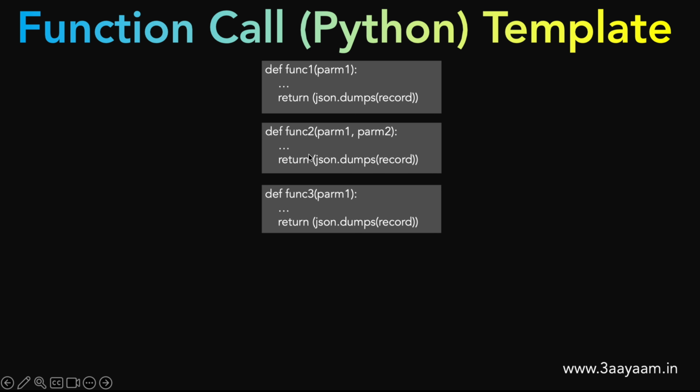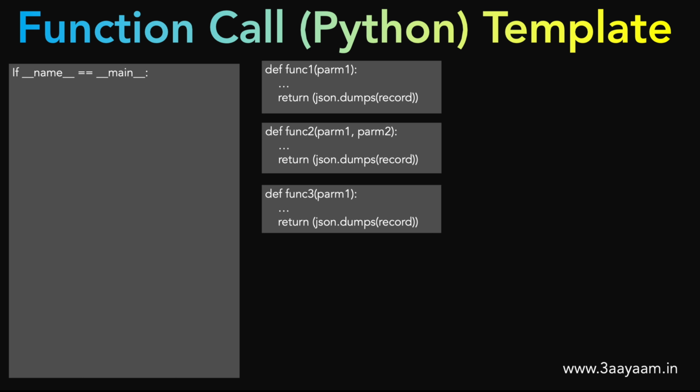The second function might fetch some other detail from some other database. The third function might make a call to a file server or a third-party API to get some data. So we'll define the functions, and the definition of Python functions will not change. There is no syntactical or logical change in the functions that we define in Python. It would remain the same, just like any other Python program.